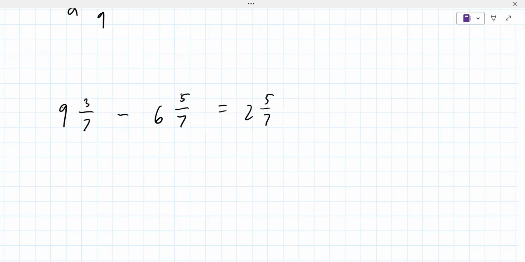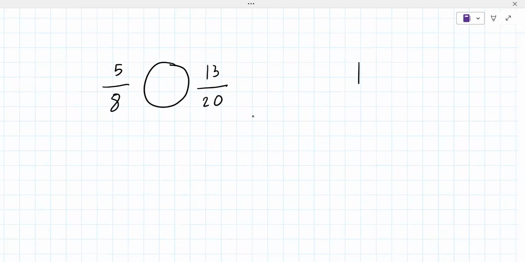Great. So the next types of problems are where you have to decide whether the fractions are smaller. Sometimes you don't know just by looking at them.